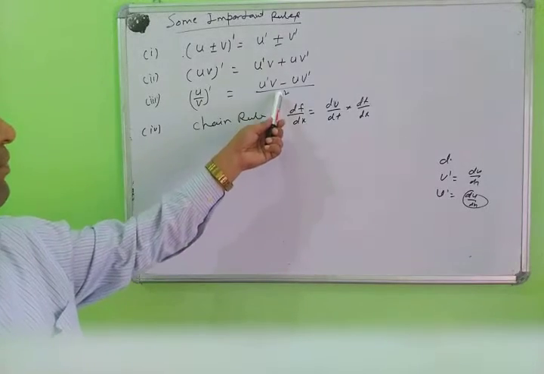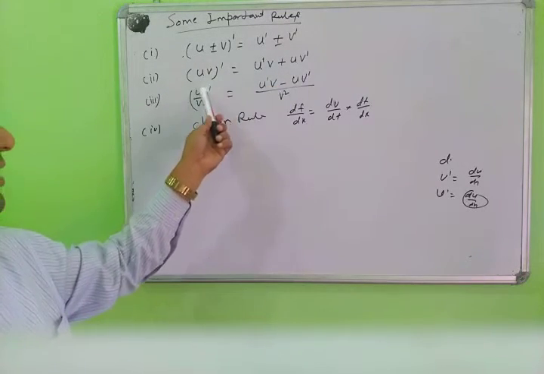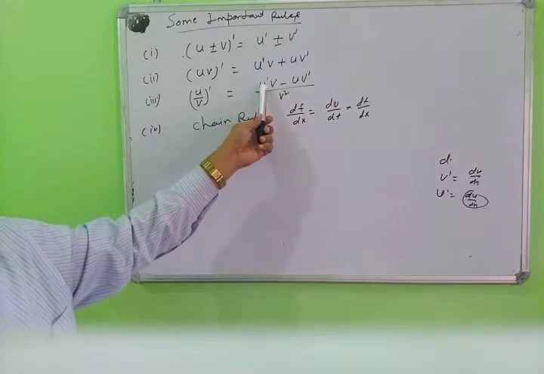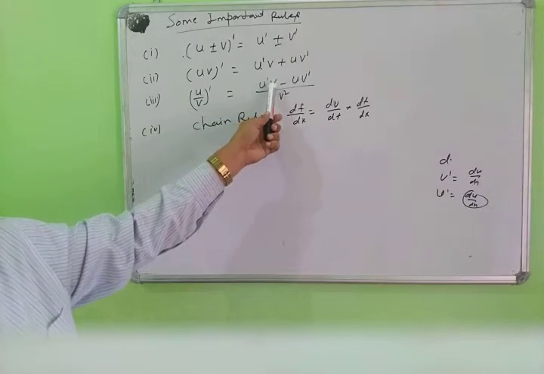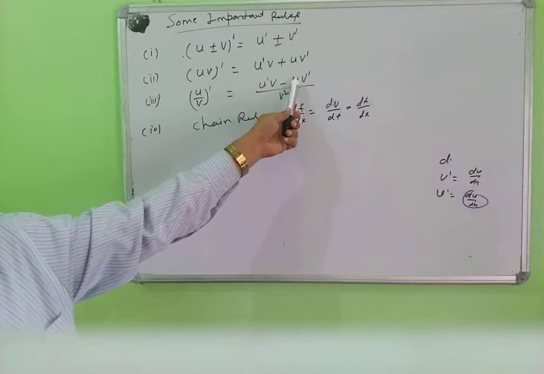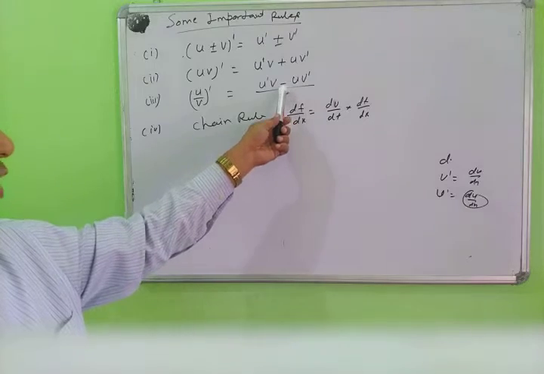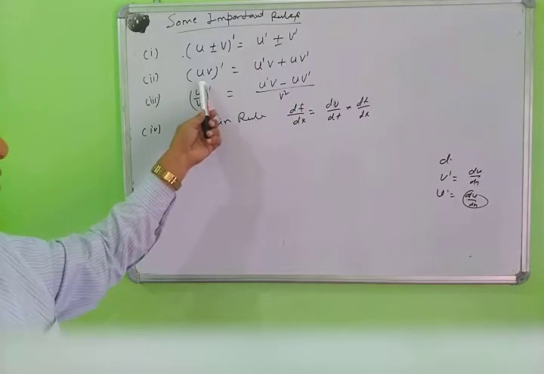And this is the quotient form here, meaning u upon v: differentiation of the numerator multiplied by the denominator minus the numerator multiplied by the differentiation of the denominator, over the square of the denominator. So this is the quotient form.